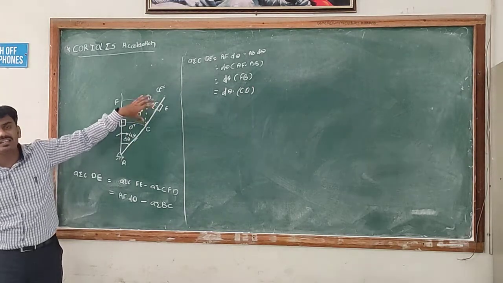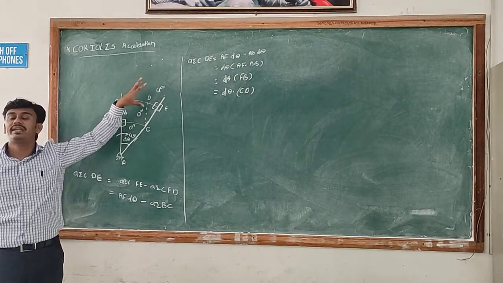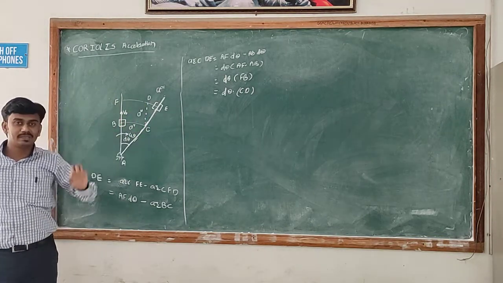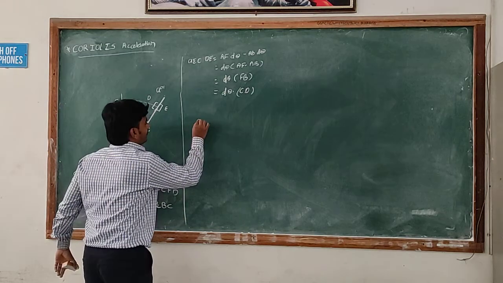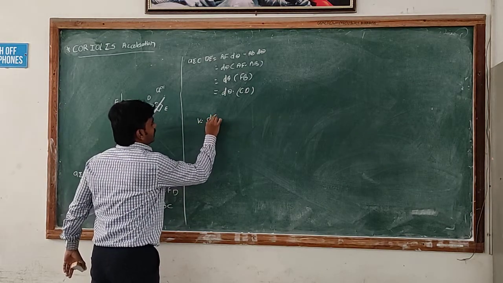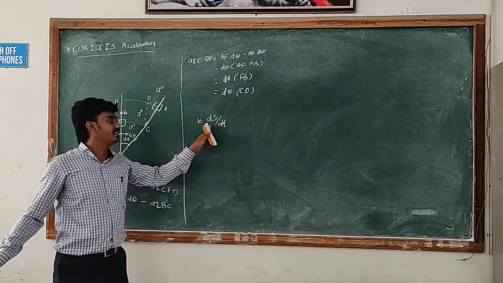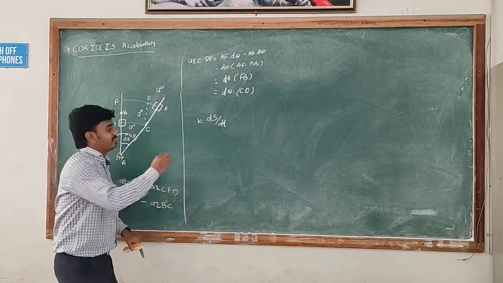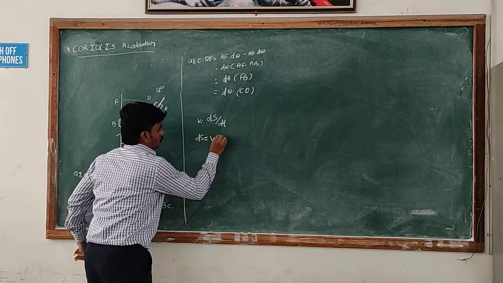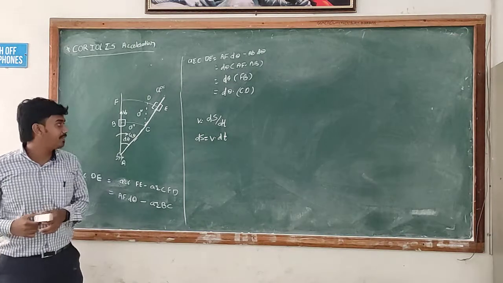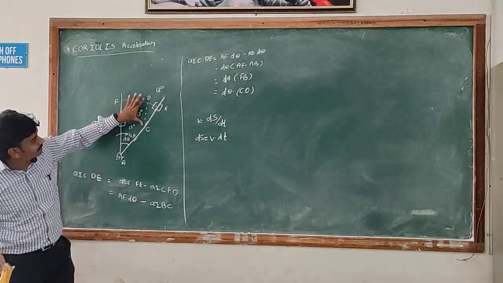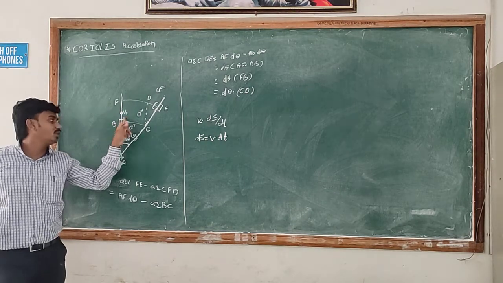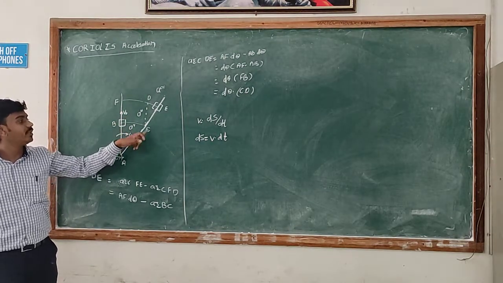The distance CD is the displacement due to the normal acceleration. We have a formula that velocity is equal to ds by dt, so ds is equal to v into dt. Here the displacement CD is equal to the sliding velocity of the slider, Vs, into dt.